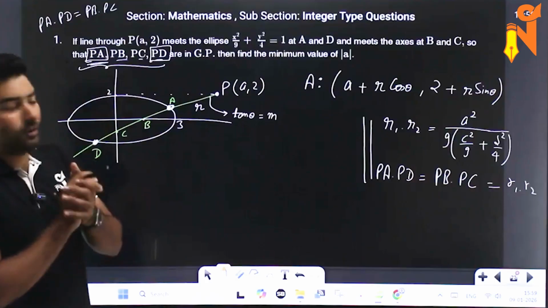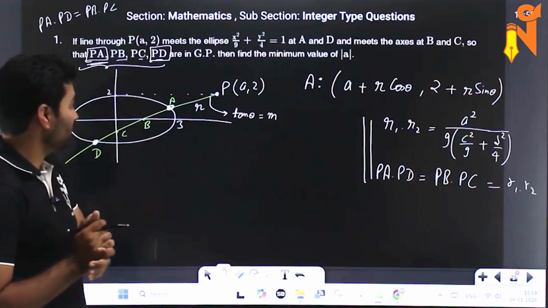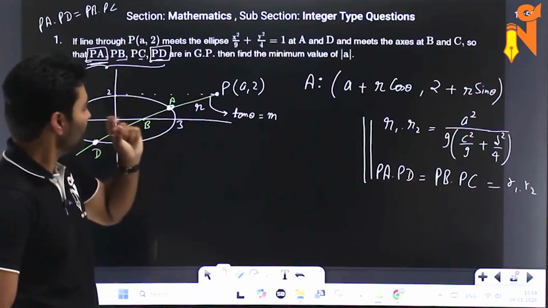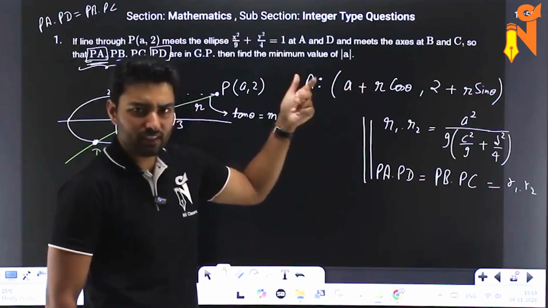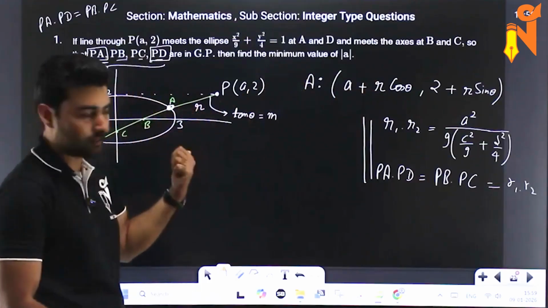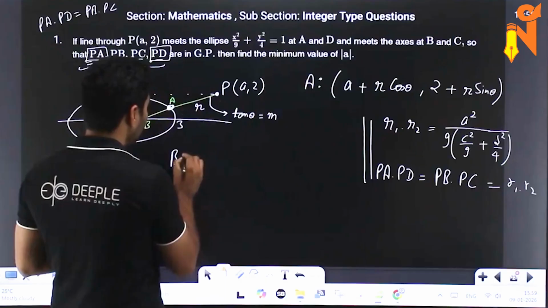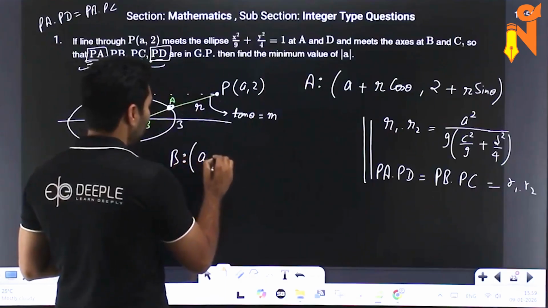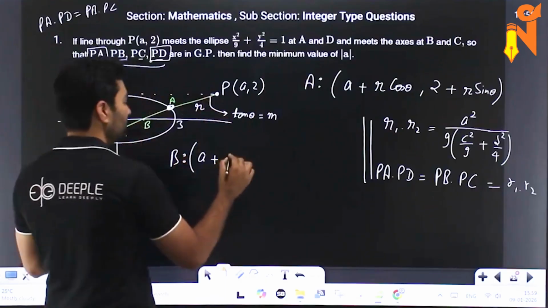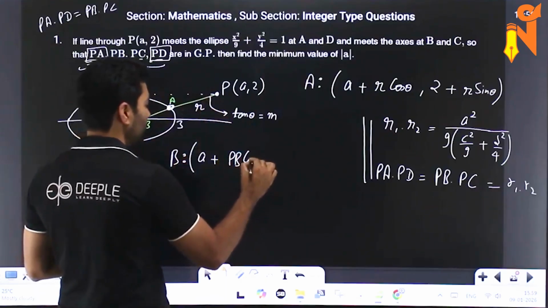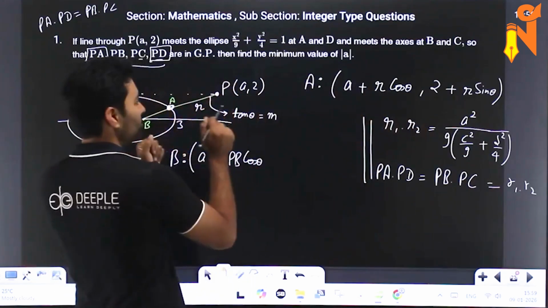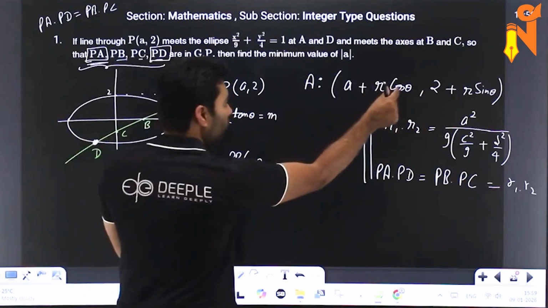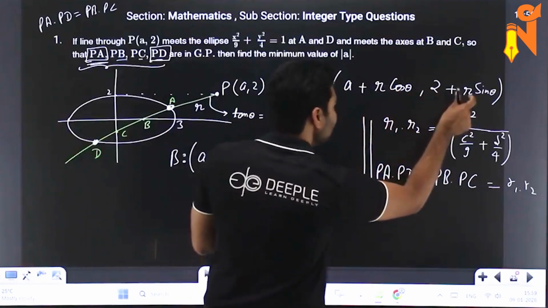Now the B point and C point lie on the axis. In the same way I found this point A, can I use the same straight line property for B and C? Yes. So point B is actually A plus PB into cos theta. Basically A plus PA cos theta, 2 plus PA sin theta.